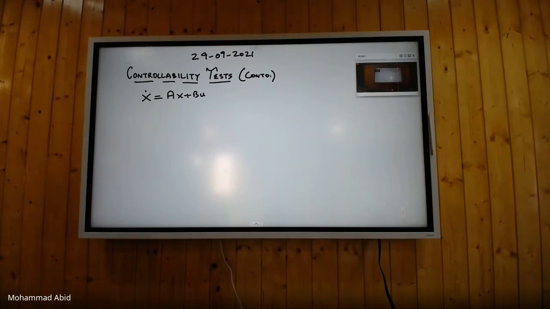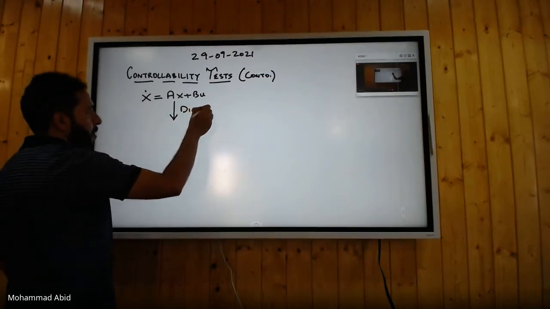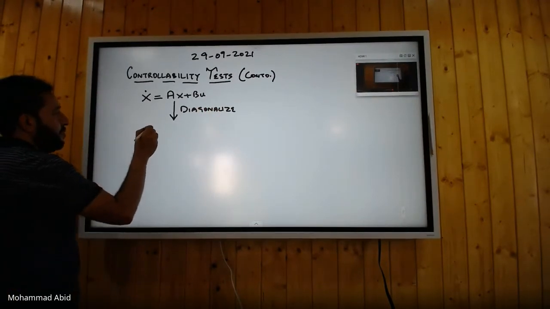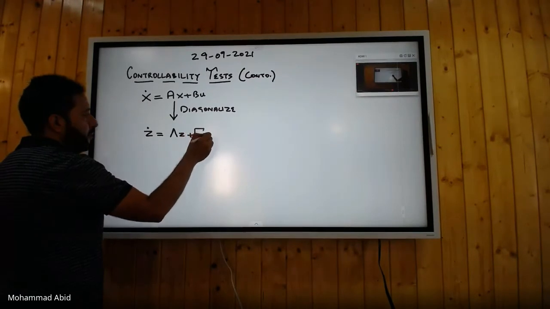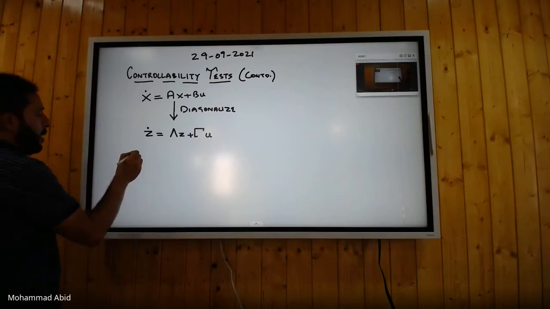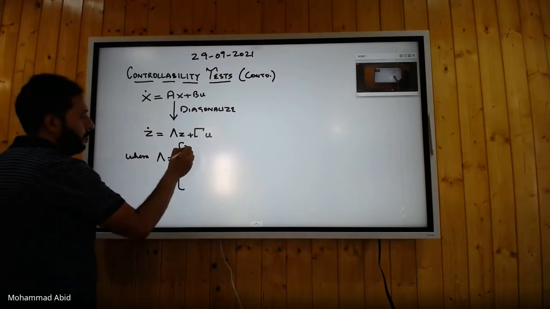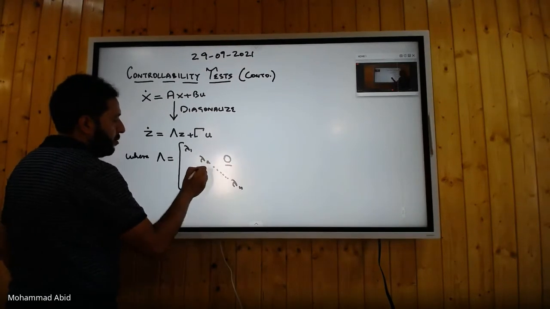Yesterday I discussed one simple way of assessing the system for its controllability, which was by diagonalizing the system. We got a system like this, z dot equal to lambda z plus tau u, where lambda is diag of lambda 1, lambda 2, so on up to lambda n, with all zeros elsewhere.